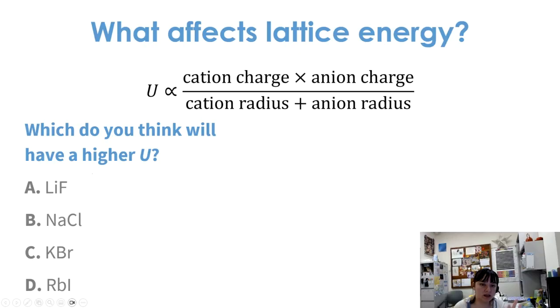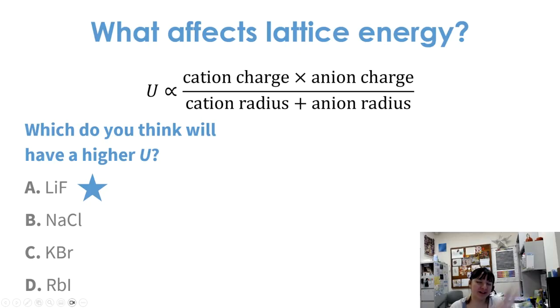Because that is in the denominator on the other side, if I have a smaller number for my cation plus anion radius, that will translate to a higher lattice energy. So of these, the ones with the smallest radii have to be lithium fluoride. That includes elements from literally just the second row of the periodic table. As you move further down the periodic table, radius keeps increasing. And so lithium fluoride here is going to be our star, in a way.